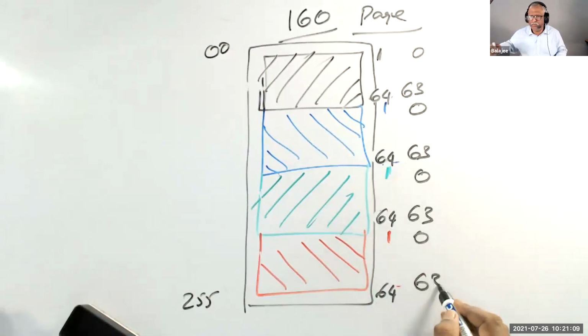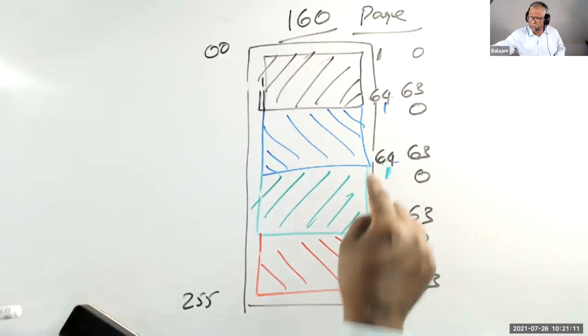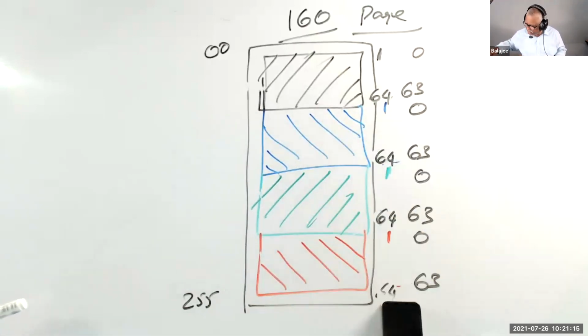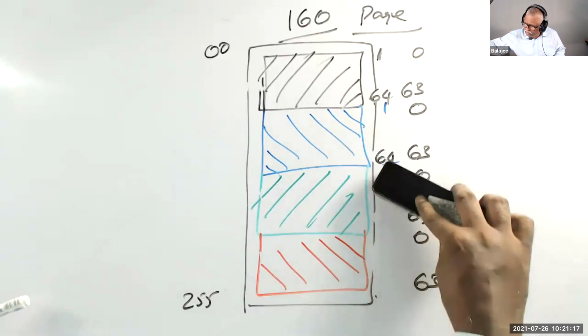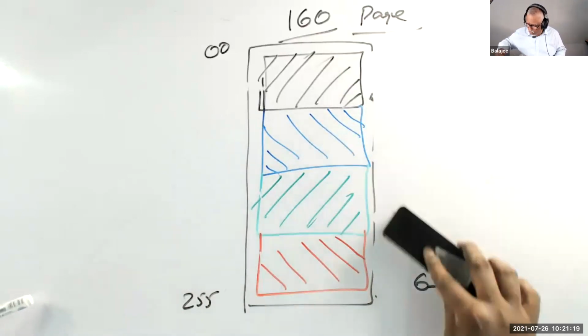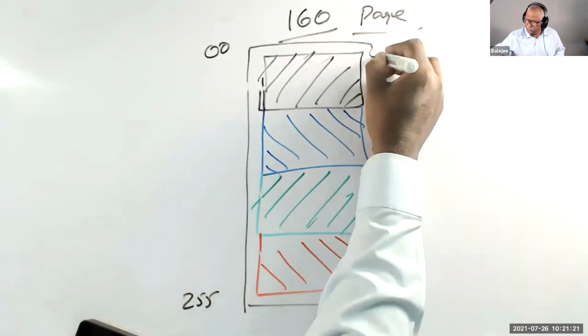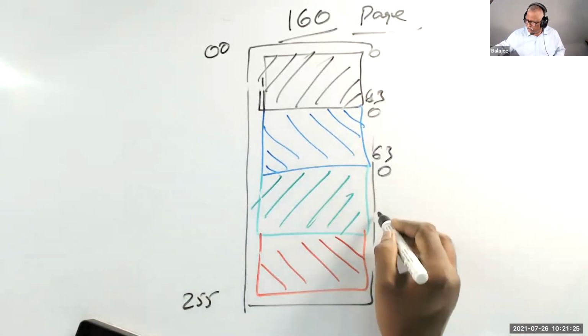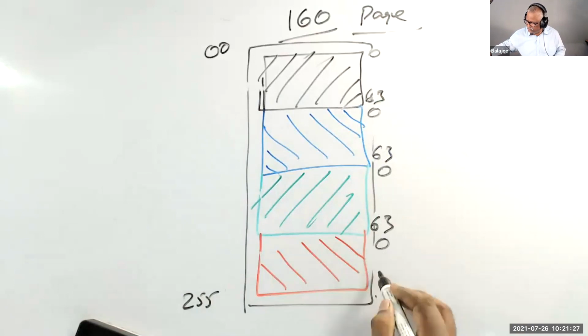That's the first change: each notebook is 0 to 63. So I write this, I erase this. 0 to 63, 0 to 63, 0 to 63, 0 to 63.